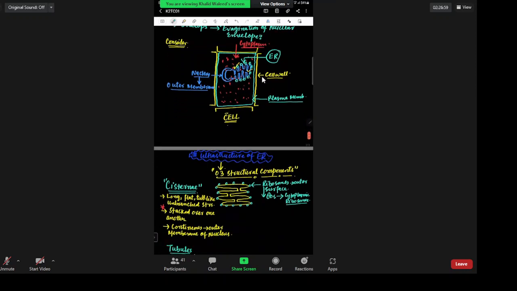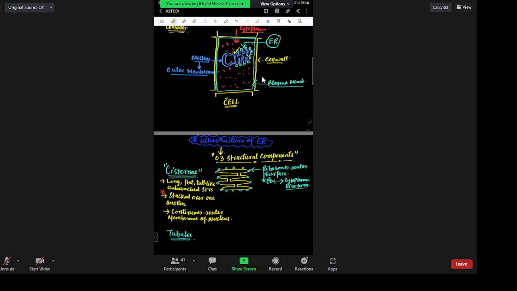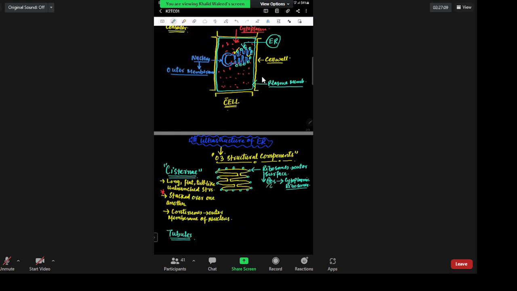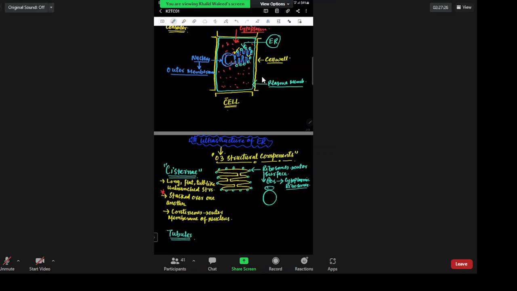These 80S ribosomes, that is, which are attached with the outer surface of cisternae, you may be knowing they might have a smaller subunit and a larger subunit. 80S राइबोसोम्स के दो सब यूनिट्स होते हैं, स्मॉलर सब यूनिट एंड लार्जर सब यूनिट. स्मॉलर सब यूनिट 40S एंड लार्जर सब यूनिट 60S.